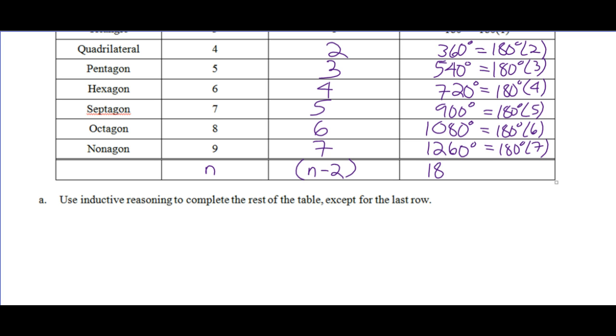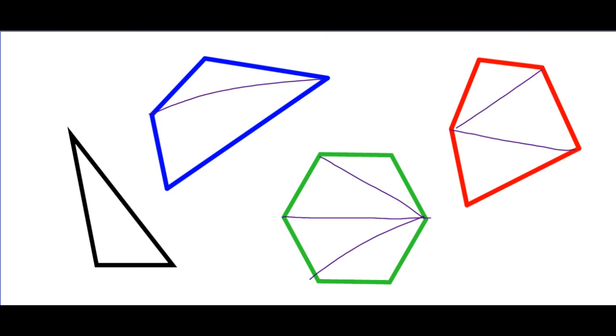And the sum of the angles will be 180 times n minus 2. So for an n-sided polygon, there are n sides. That gives us n minus 2 triangles, and the sum of the interior angles is 180 times n minus 2.